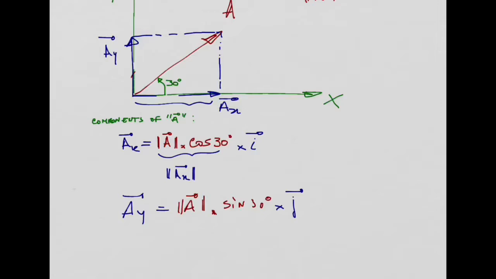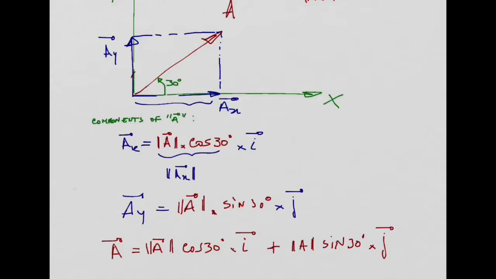And now I can say that my vector A is going to be the norm of A cosine of 30 degrees along the i direction plus the norm of A sine of 30 degrees along my j direction, right?